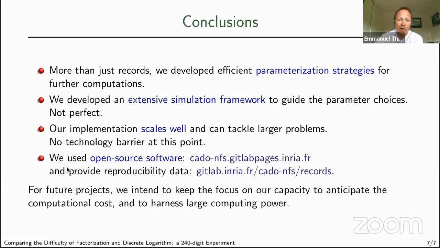And all the parameters and some data to reproduce part of the computation can be found under this internet URL. We intend to go on with larger projects, and most of the focus will be on our capacity to anticipate the hardness of the different steps and our capacity to use a large amount of computing power.